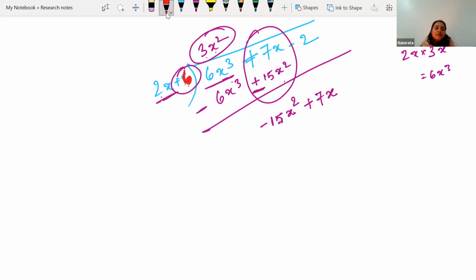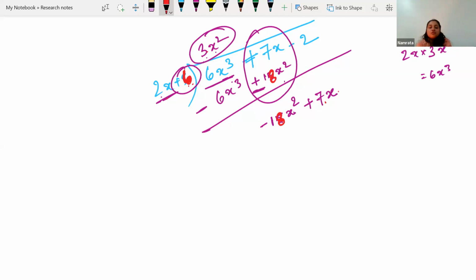Since I have written this question by myself, that's why we are getting such a number, that is 15. Now if you think what should be multiplied with 2 to get 15, that is not possible. Okay, so whenever you have this type of question, it's okay. Here if we have 6, it will be 18. So 18x square plus 7x. This type of construction you will be getting.